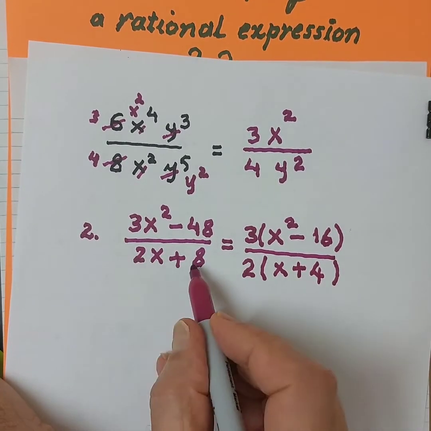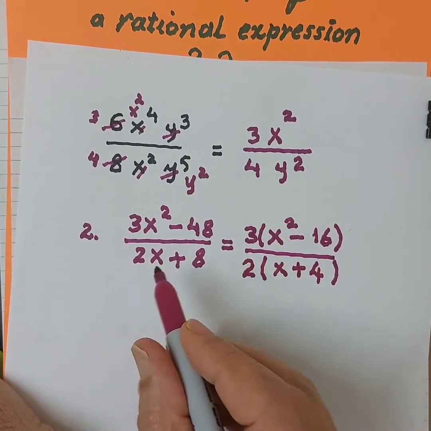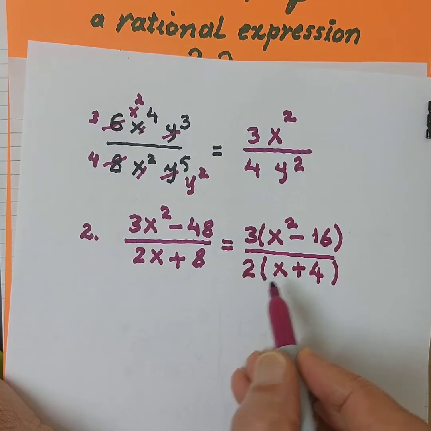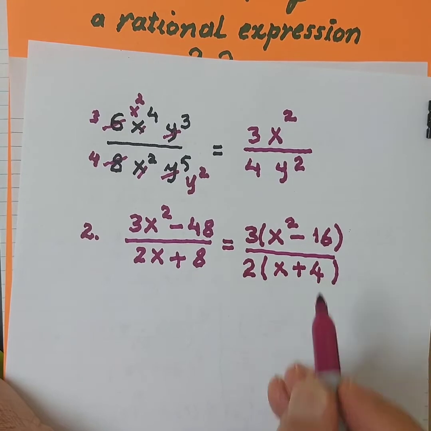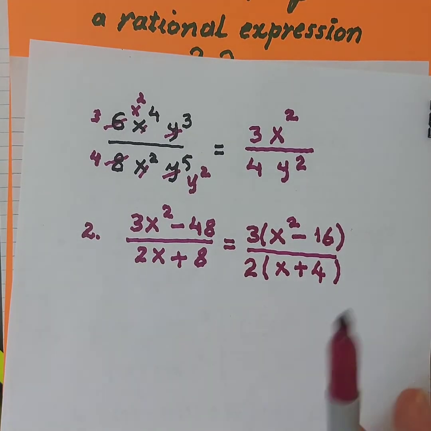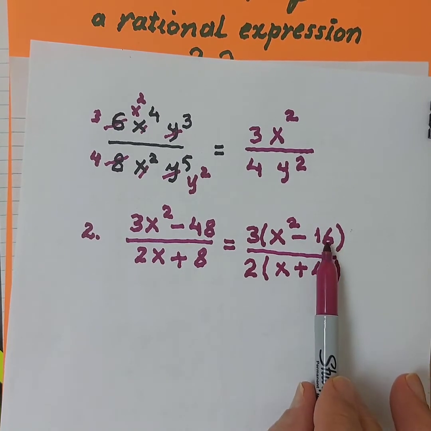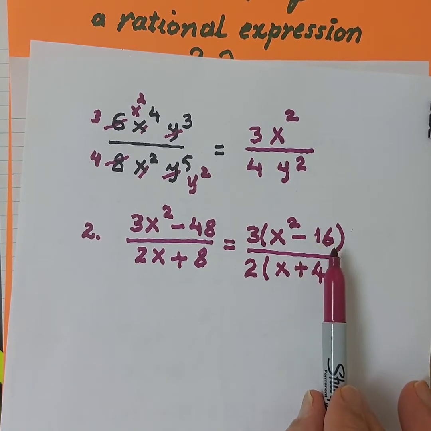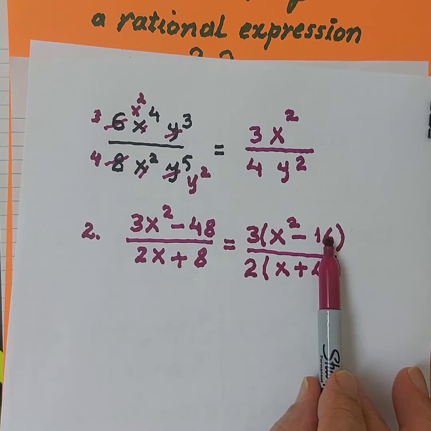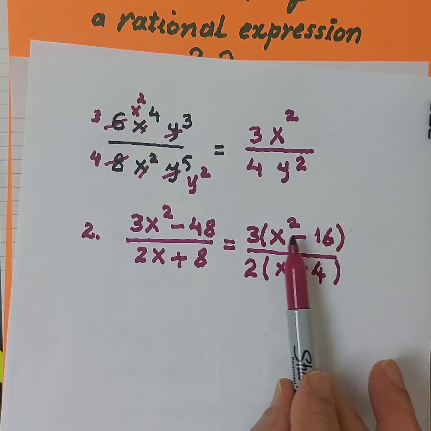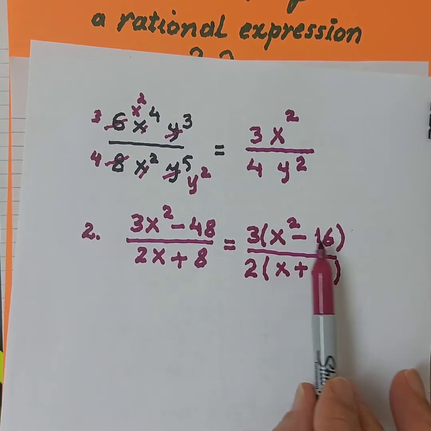So we take 2 out of the brackets, and x remains inside the brackets, and 4 also inside the brackets. Now when we look at those inside the brackets, it is squares, this is square and this is square.